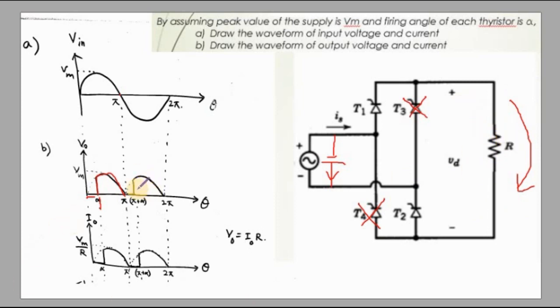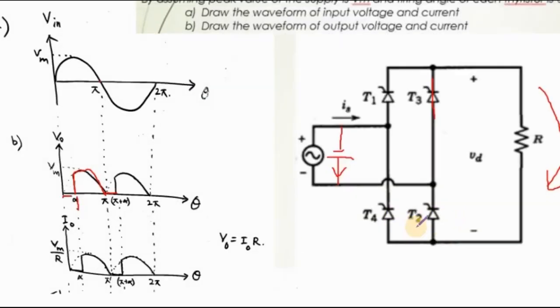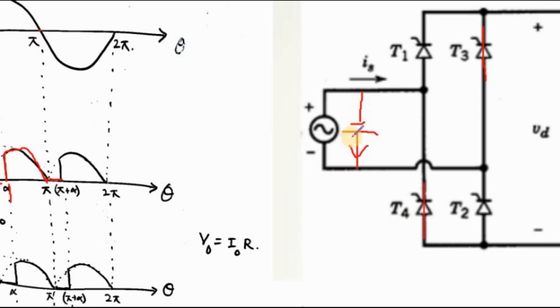So you can mark it something like this, and as soon as you remove this barrier, you give the pulse to T3 and T4, what will happen is this will short circuit and this will also short circuit.